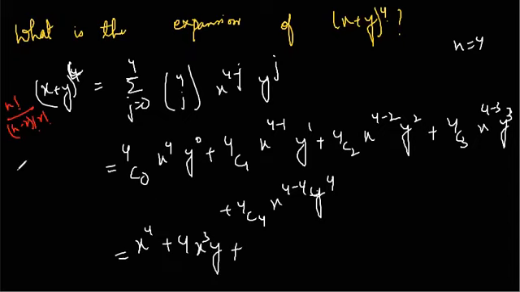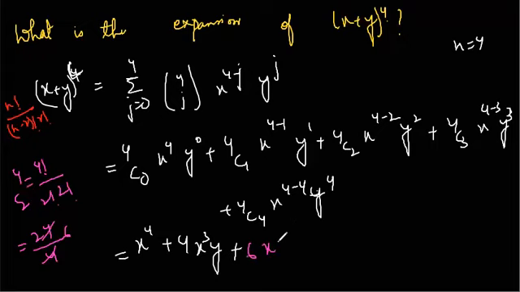After that we have 4C2. For 4C2 it will give us 4 factorial by 2 factorial into 2 factorial. 4 factorial is 4 into 3, 12, 24, divided by 2 factorial each, which is 2, so 4, so 6. This gives us 6x square y square.